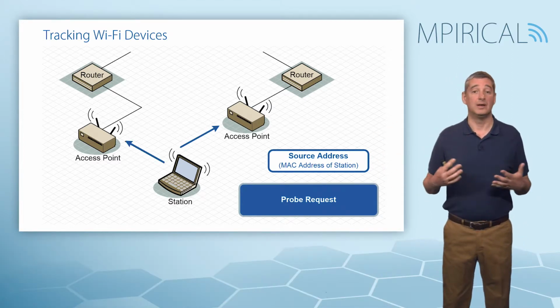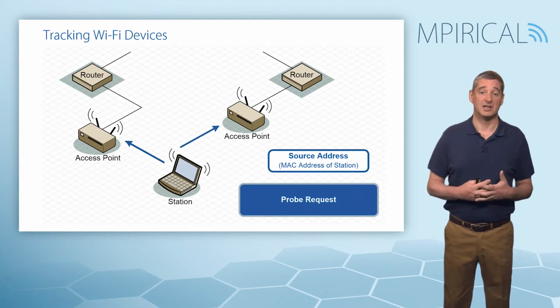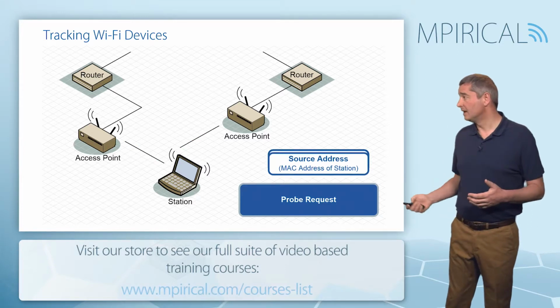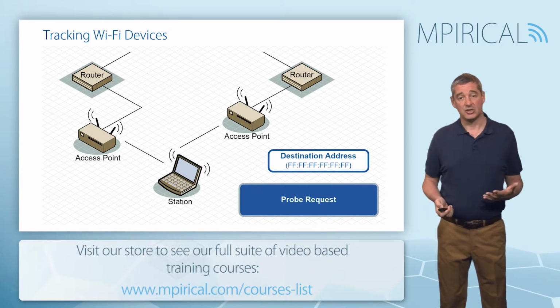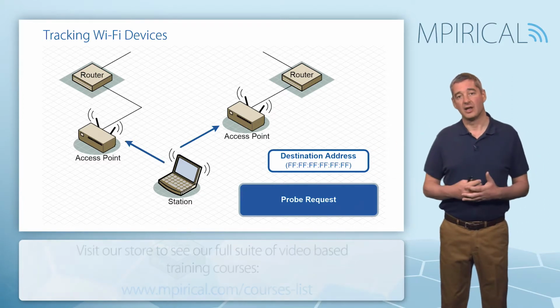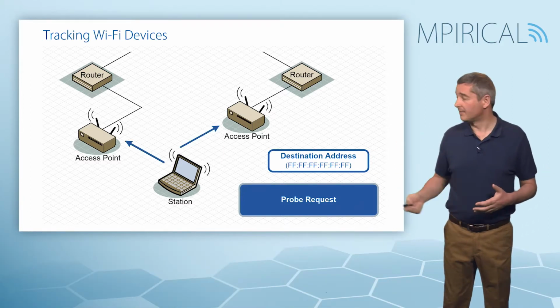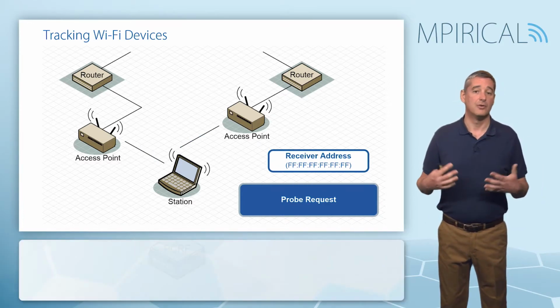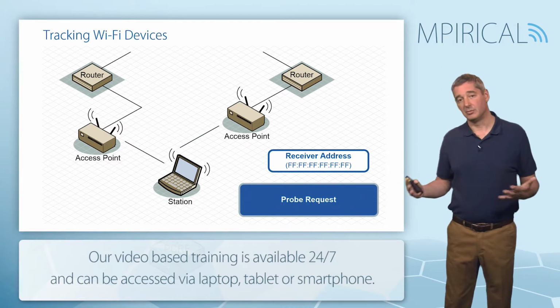It will include the source address of this particular station, the MAC address of our Wi-Fi device. It will also contain the destination address, but in this situation, we'll be using the standard broadcast IEEE MAC address. And finally, the receiver address will also be set to broadcast.